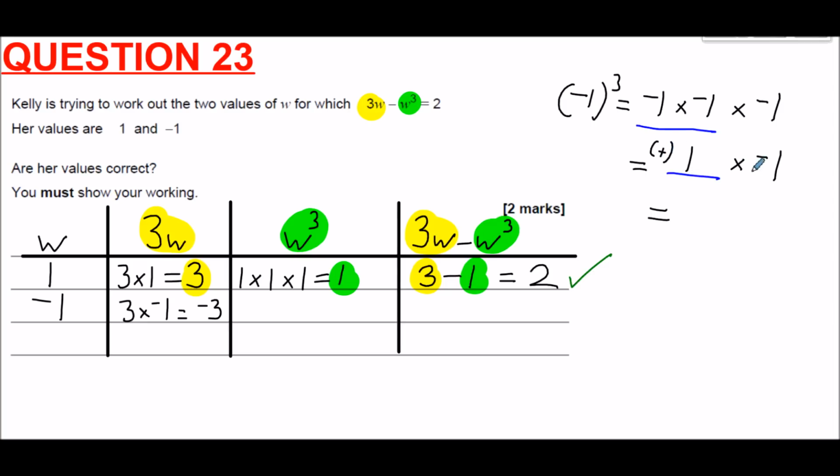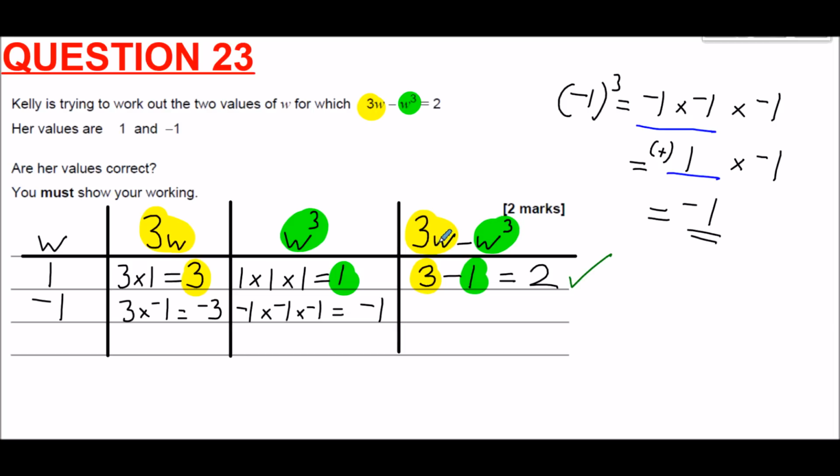Mixed makes minus. So 1 multiplied by minus 1. The final answer for W cubed, when W is minus 1, is that W cubed is minus 1. So minus 1 times minus 1 times minus 1 equals minus 1.